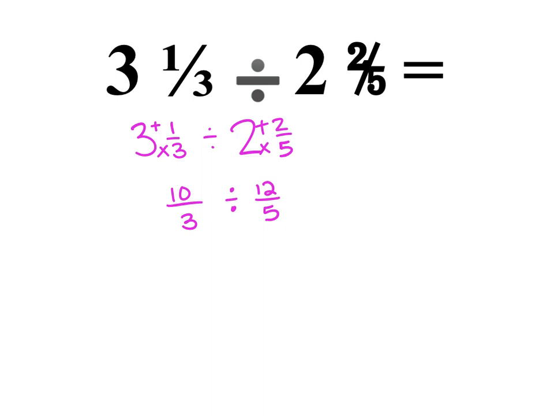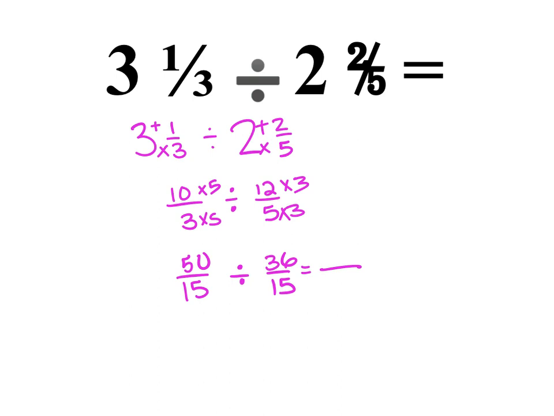Common denominator for 3 and 5 is 15. Multiply by 5 to get there. Got a 50. Multiply by 3. Got 36.